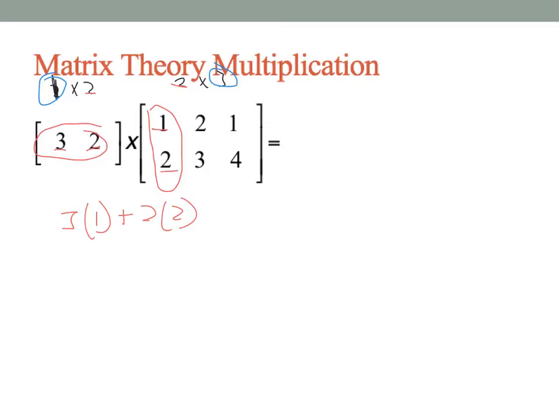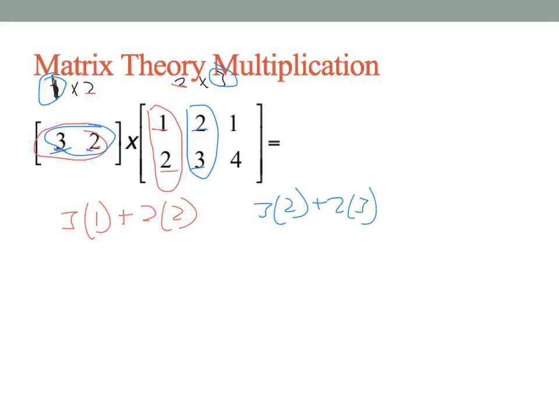Next, 3 and 2 times this row, 2 and 3. So we're going to do 3 times 2 plus 2 times 3.